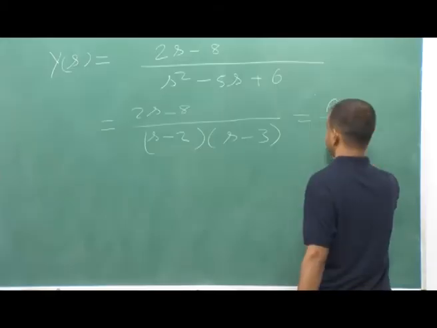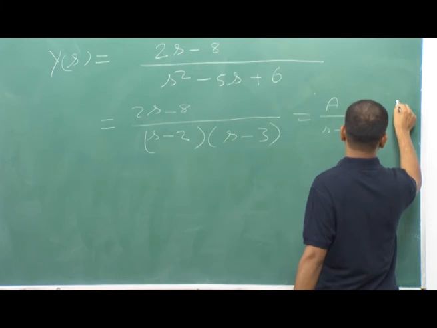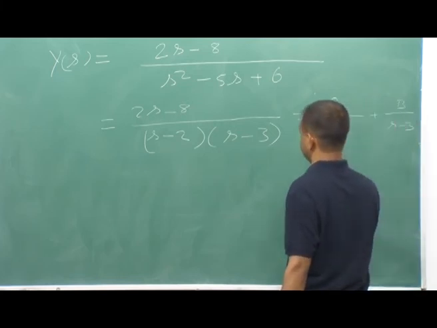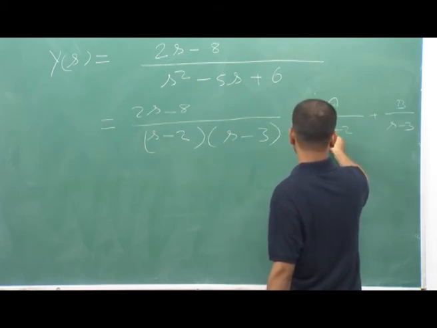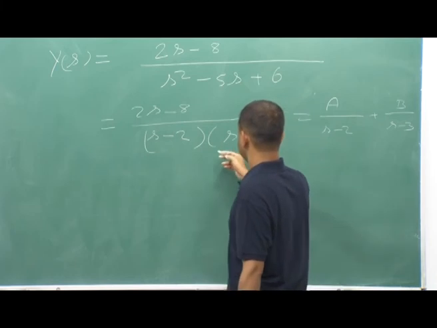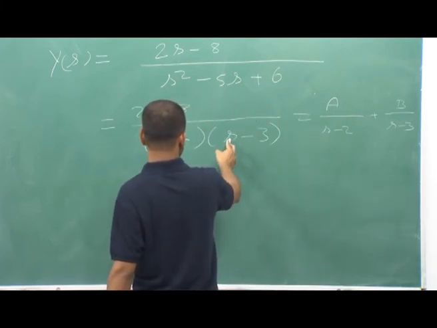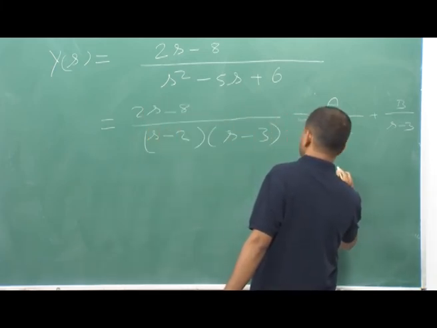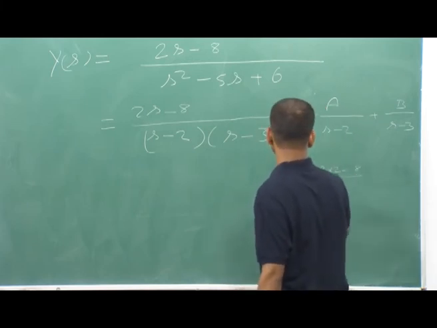and if I determine the value of A by putting s equal to 2 and eliminating this term, I will get 2 into 2 minus 8 divided by minus 1.